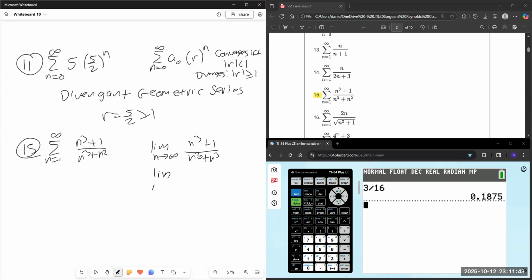Limit as n goes to infinity, 1 plus n to the -3rd over 1 plus n to the -1st. So 1 over 1 is 1, which is not equal to 0, so it diverges by the nth term test for divergence.